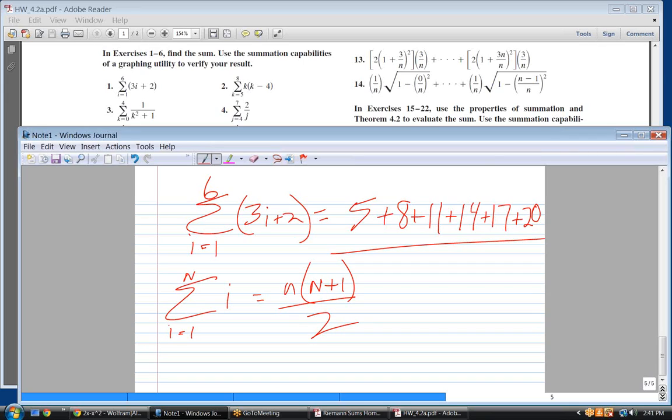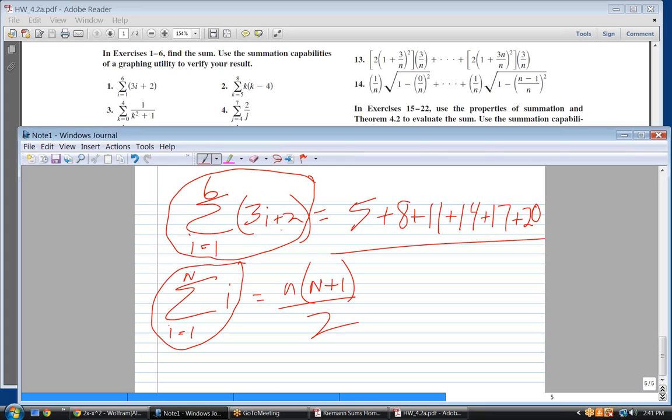That's just a formula they give you. So I can use this formula to figure out this problem a lot quicker, because I also know that the sum of 3i is the same as 3 times the sum of i, and that the sum of 3i plus 2 is the sum of 3i plus the sum of 2.